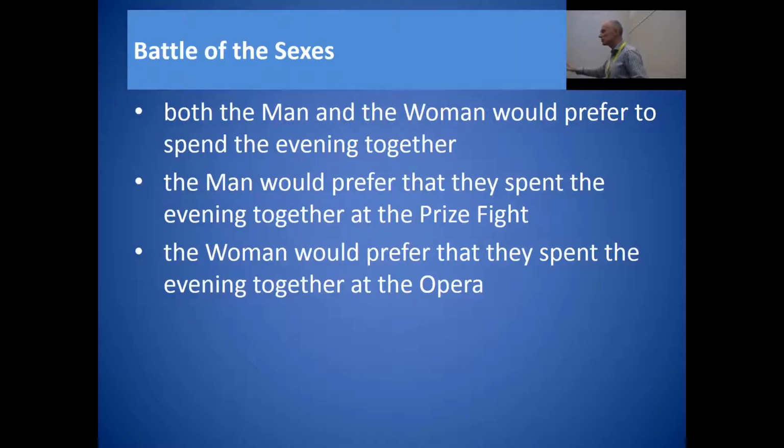So what I've done here, I've set the game up perfectly for you. I've told you the players, I've told you their strategies, and I've told you their preferences. From that, you should be able to formulate the normal form representation. Now, this is what I've done in lecture so far. When we started off with the prisoner's dilemma, I set the game up for you in word form. Again, I've set the game up for you in word form.